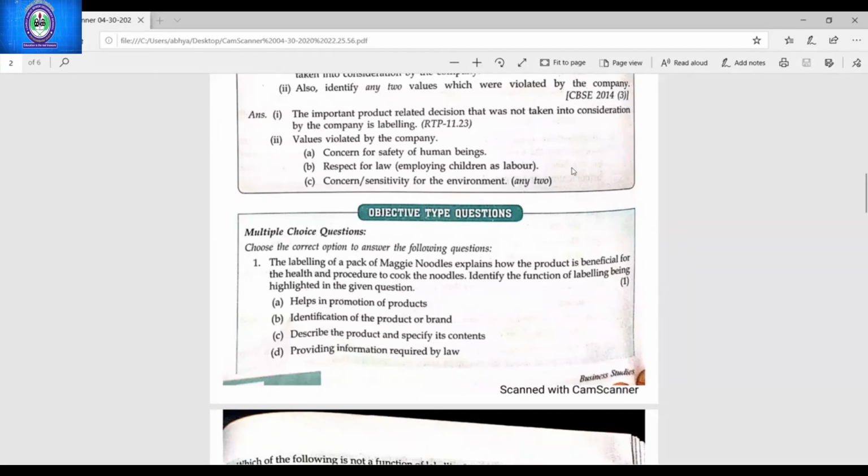Now I am talking about the secondary level of the packaging. Secondary level means an additional layer which is given to the product to give it more protection, the additional layer in which the primary package of the product is kept, and mostly the second layer is thrown away when we start to use the product.